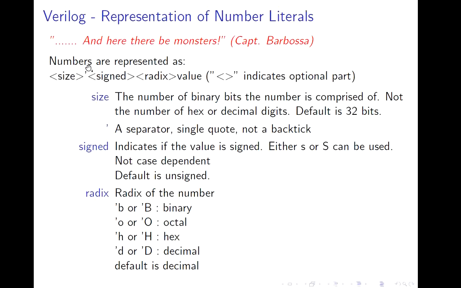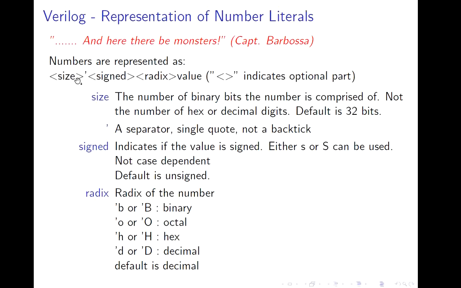I represent it by a separator, which I name as tick, a single quote, a kind of a tick, and then I represent whether it is signed or unsigned, and I represent the radix, in the sense of in which number system it is present, and then I write a value. I'll show an example of how to utilize all these things.